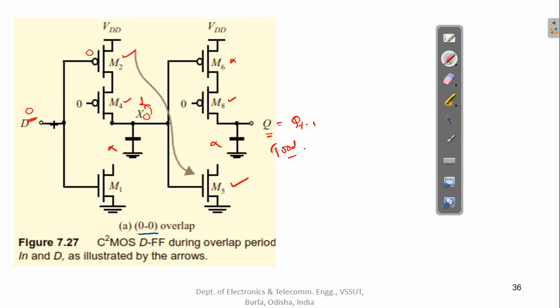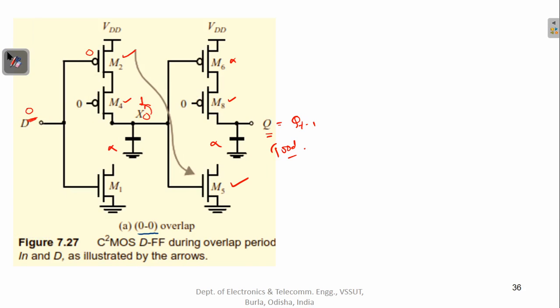The input is not bypassing both of these two stages, which had occurred in the previous circuit, but here it is only able to pass one stage, which is perfectly normal, and will not affect the value of Q instantly. So this is the situation under 0-0 overlap, and when the normal things occur, then at that instant of time, depending on the value of the input signal, Q will get affected. That's a completely normal thing.